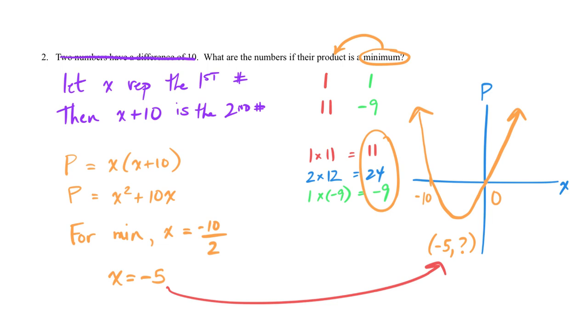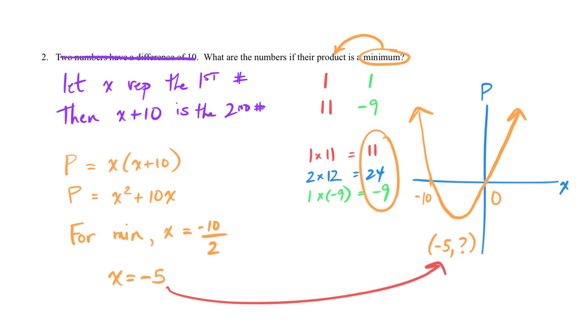The problem asked me to find the one that would be the minimum product, and I know that all maximums or minimums occur at the vertex. So that's what I'm finding. Okay, I hope that really gave you a good context that this isn't two variables. Not really. You're building a function, not a system of equations.